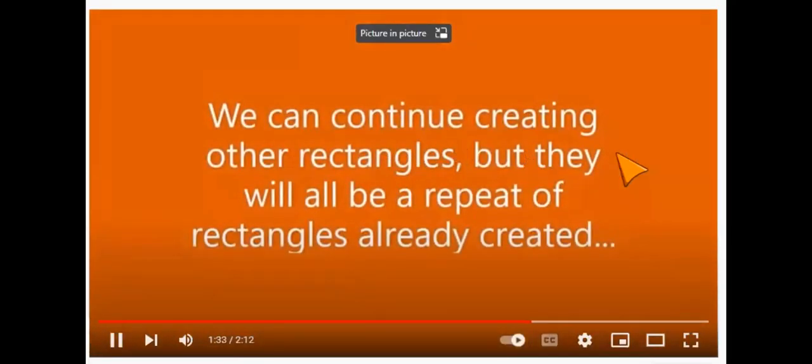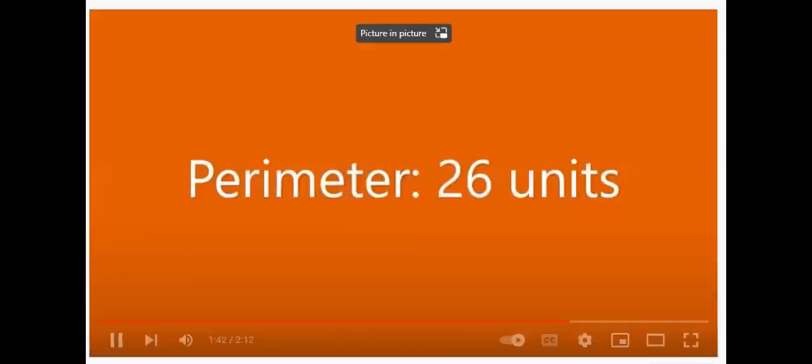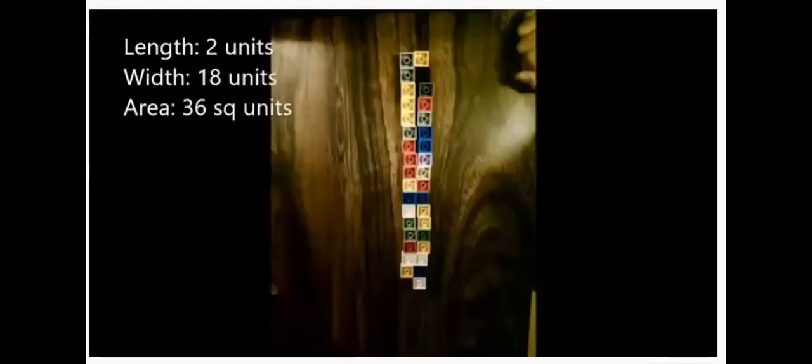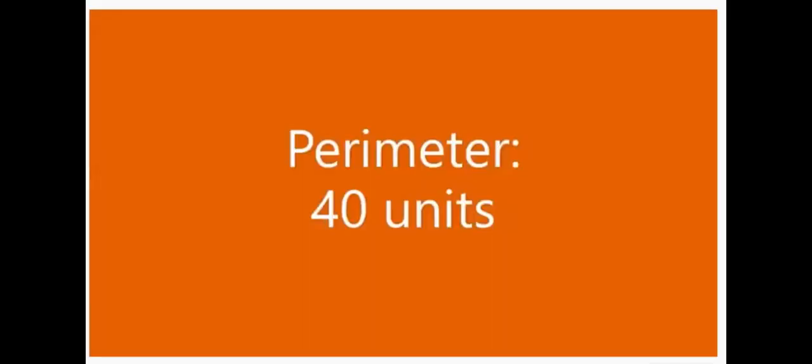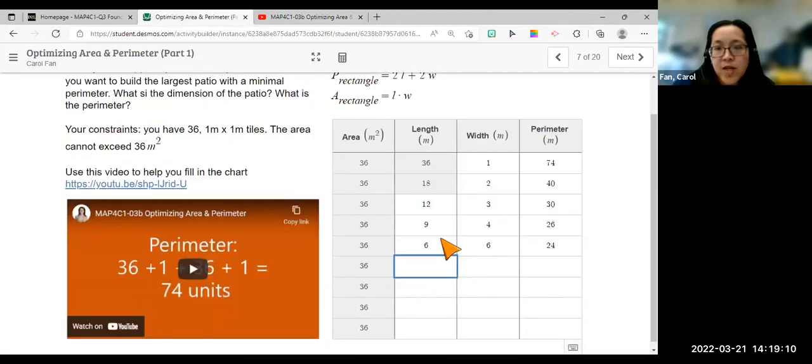Now we can continue creating other rectangles, but everything will just end up being the same, except in the other direction. Okay, so I'm going to refill in the chart with the reverse.